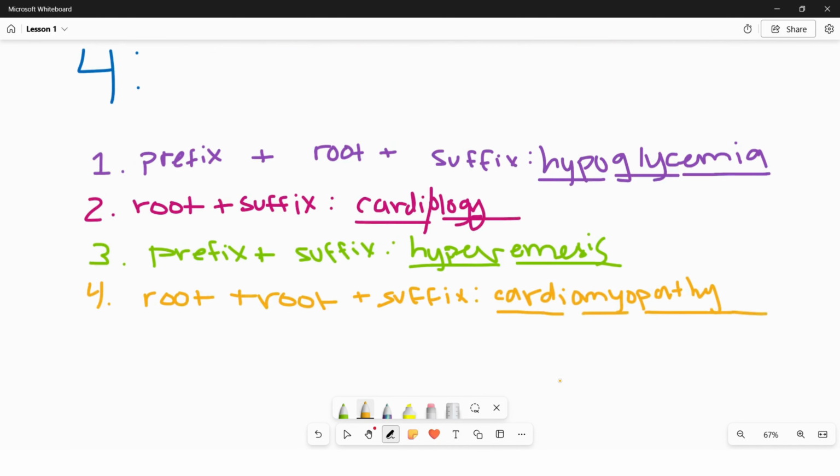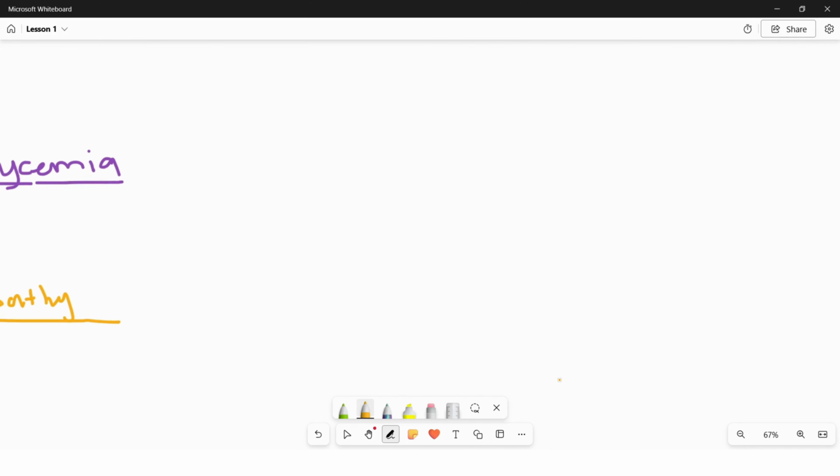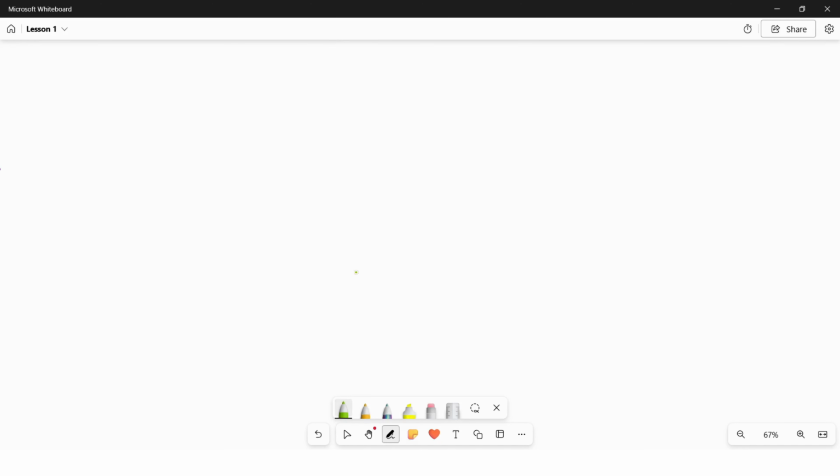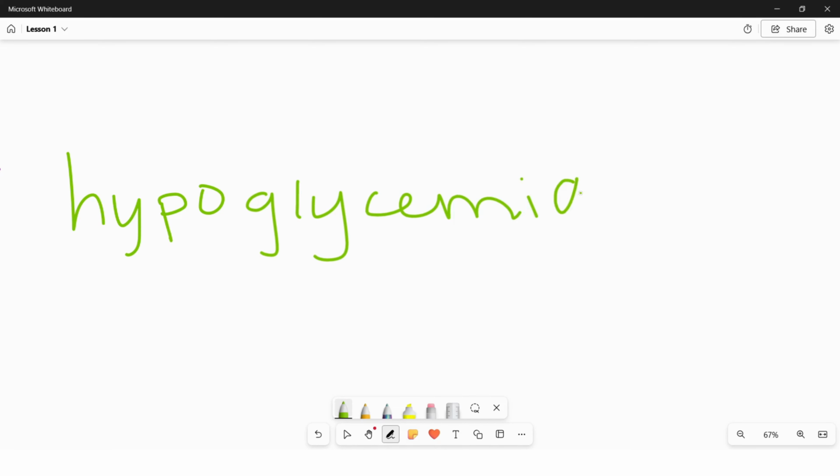I'll break down these terms right here, but we'll say first term to break down, hypoglycemia. Okay, so first thing to do to break down a medical term is to look at the suffix.